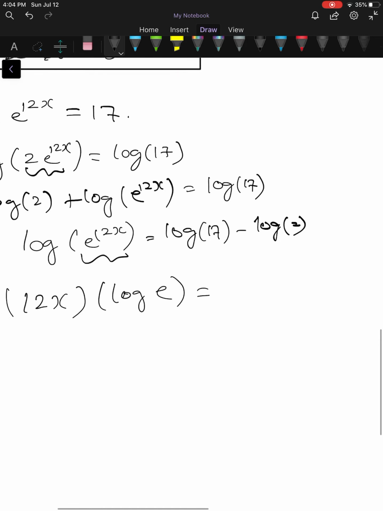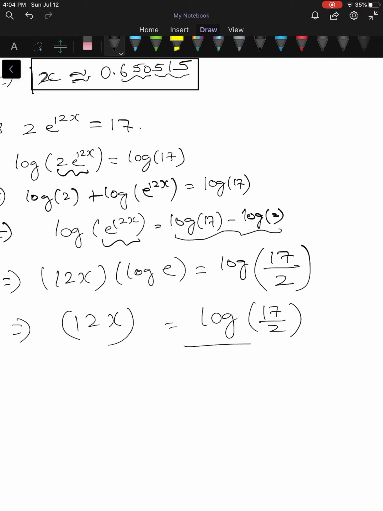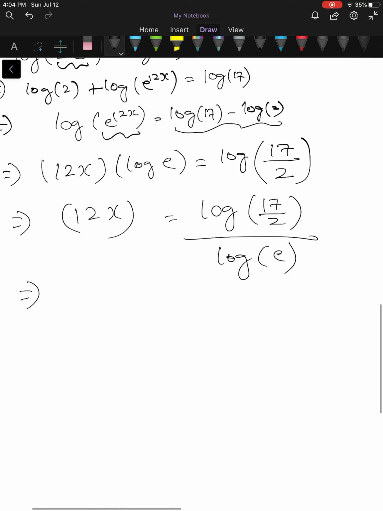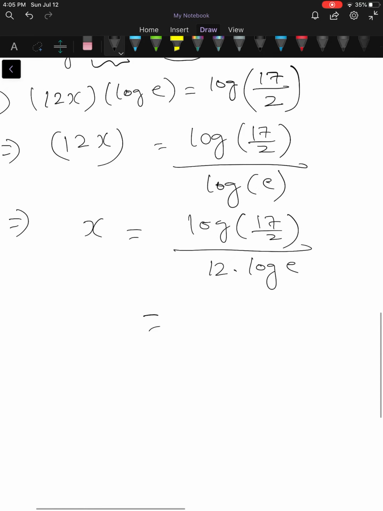So this would be 12x times log of e is equal to, and this is a difference of two logarithmic values, so that can be written as log of 17 by 2, correct? So now solving for x, 12x is equal to log of 17 by 2 divided by log e, and x is equal to log of 17 by 2 divided by 12 times log e.